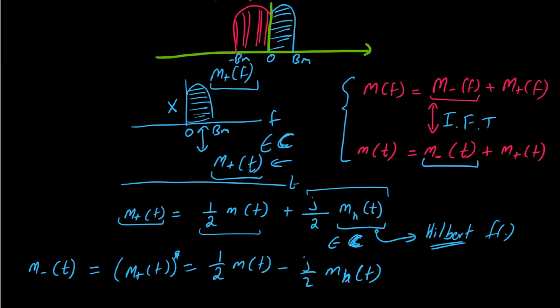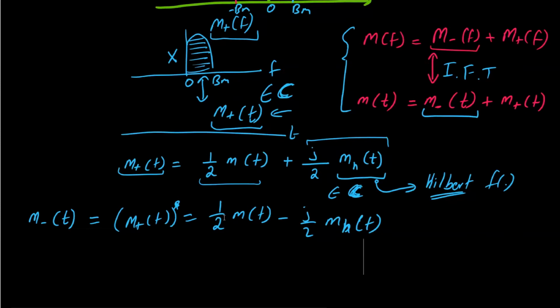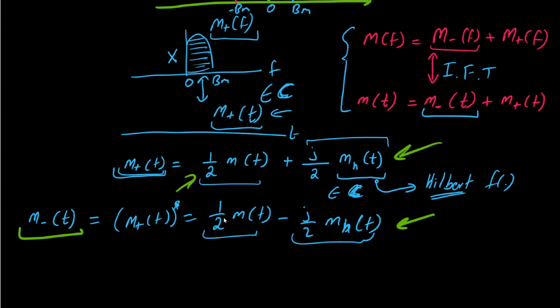Both of them have a real part and a complex part. If you add m plus of t with m minus of t, this term would cancel with this term, and this term would add with them. So eventually you would have m of t. We would get back this expression again.